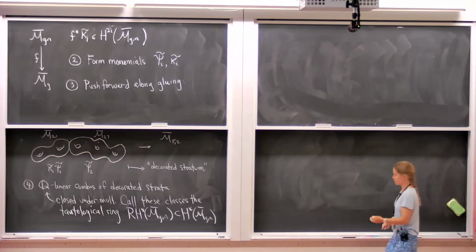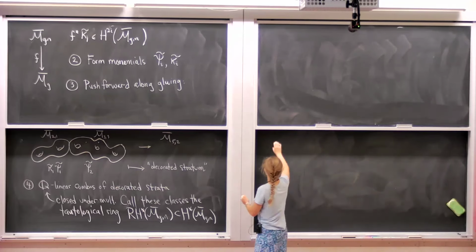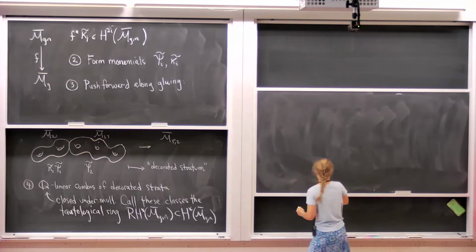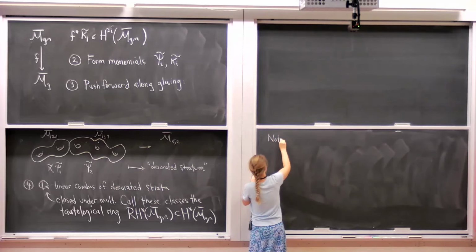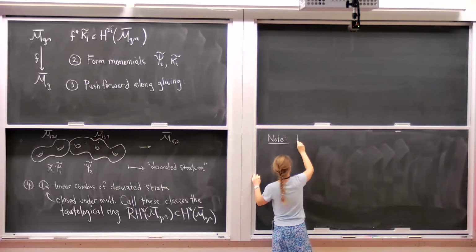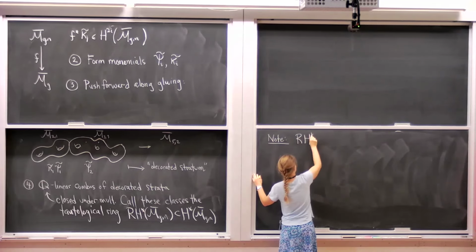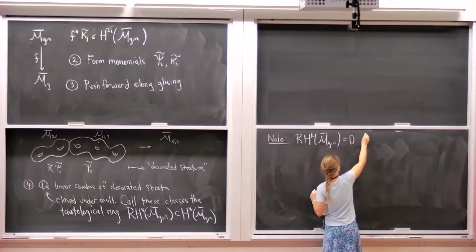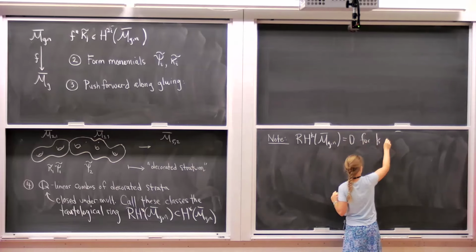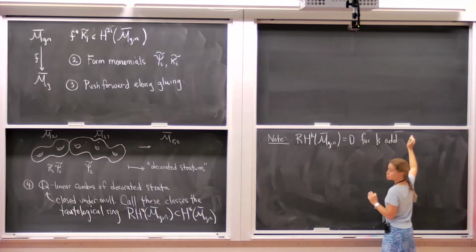Yes, thank you. In fact, I was going to say that. So let me just put a note. This will be helpful. That the tautological ring is 0 for k odd.